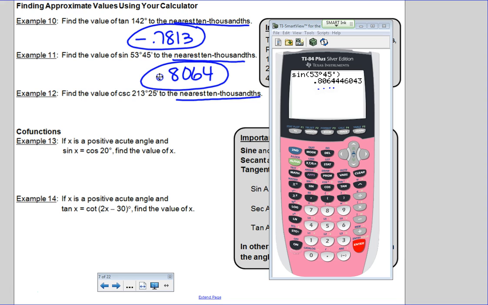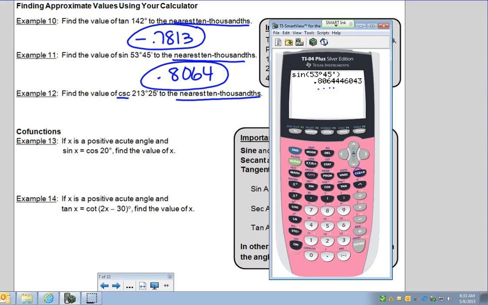And then for example 12, to do cosecant of 213 degrees and 25 minutes, I already showed you that to do cosecant on the Inspire, you have that key. On the 84, you just have to use the reciprocal function. So it's going to be 1 over, and cosecant goes with sine, so sine of 213 degrees, 25 minutes.